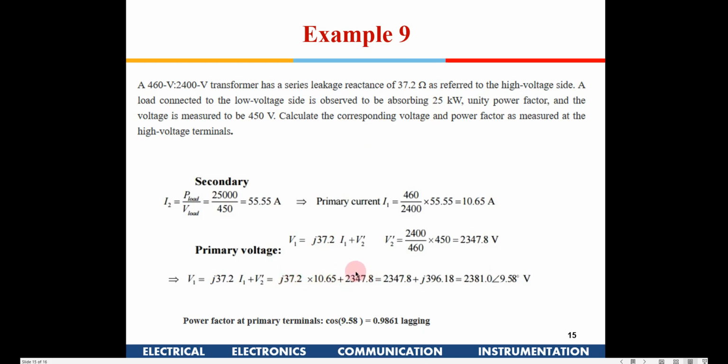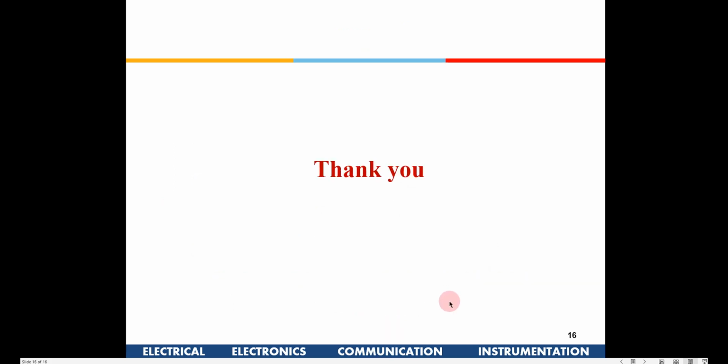This is because of the secondary transformer coil, and this is because of the I into reactance drop. So this is the total voltage which is available on the primary side. Then the power factor can be found from here, 9.58. So you take the cos of 9.58 and you get the power factor. Okay, so with this we come to an end of the problems.